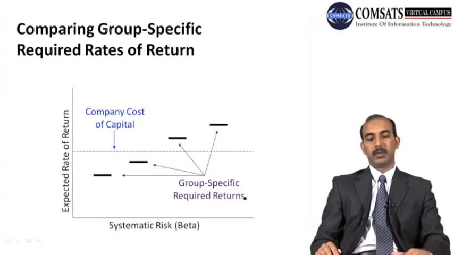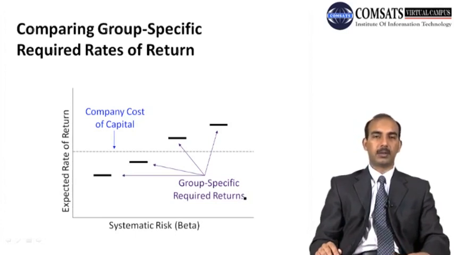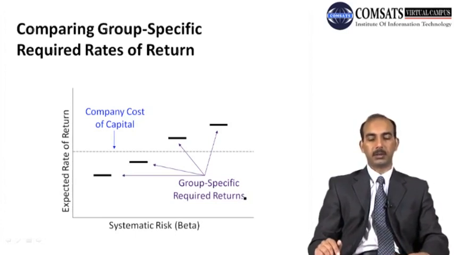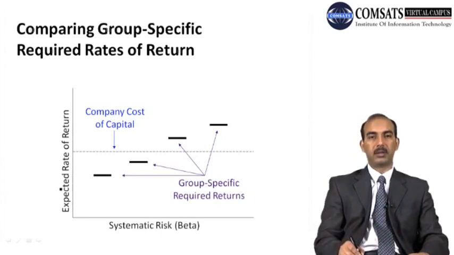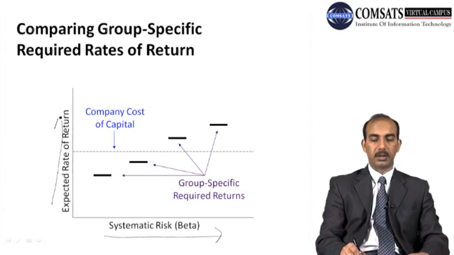And now we compare the group specific required rates of return with the company's cost of capital. So we draw between the beta and the expected rate of return. So as we keep on increasing the beta, we have the expected rate of return here.